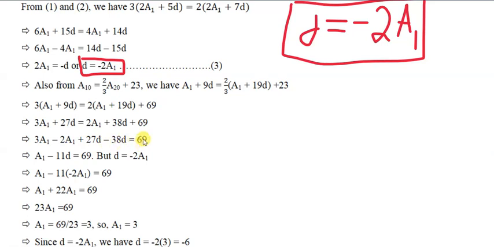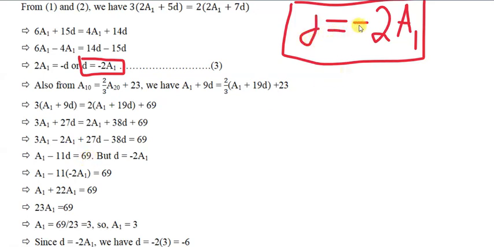Then what's left is 69, the number itself. Then 3a1 minus 2a1 gives us a1, and 27d minus 38d gives us minus 11d, which is equal to 69.